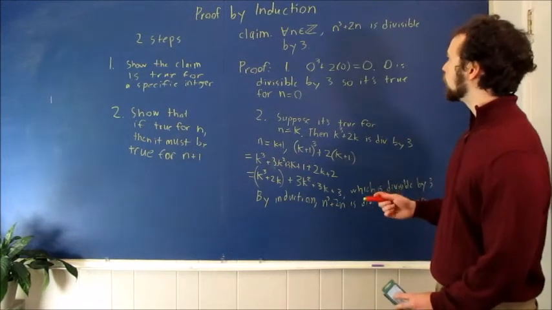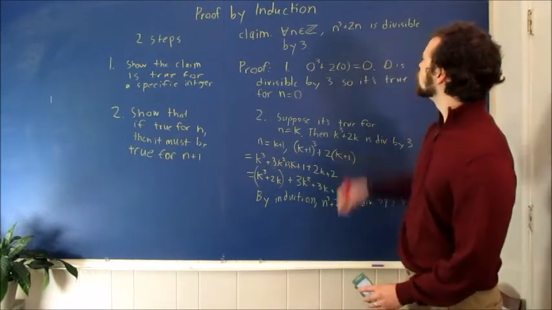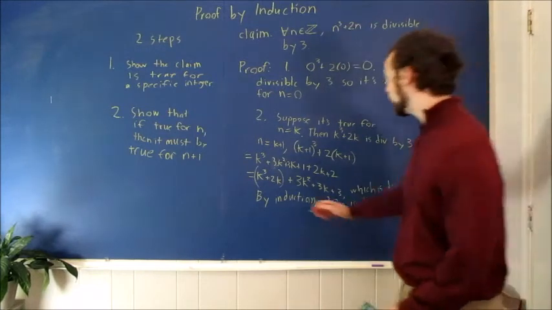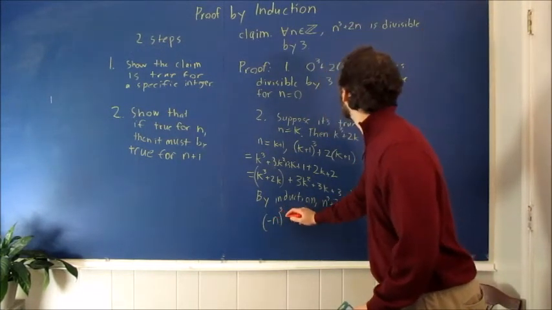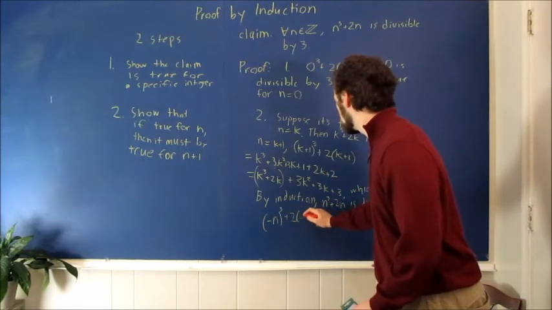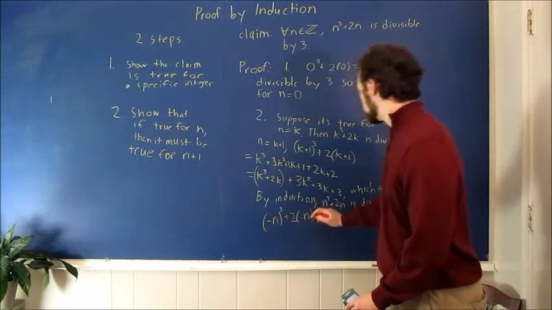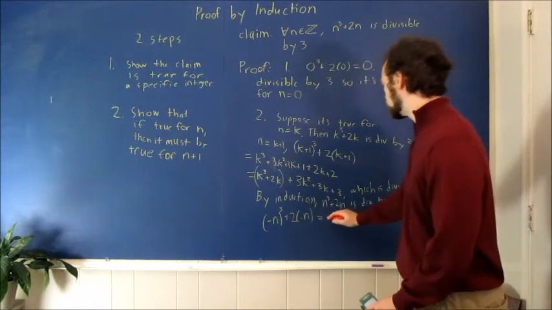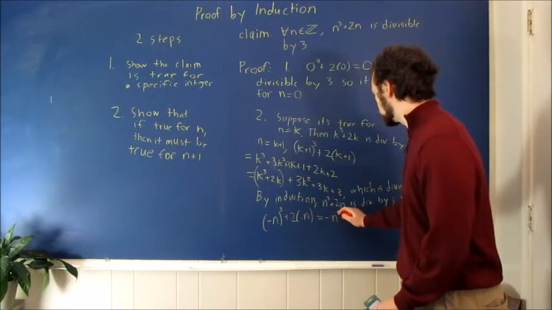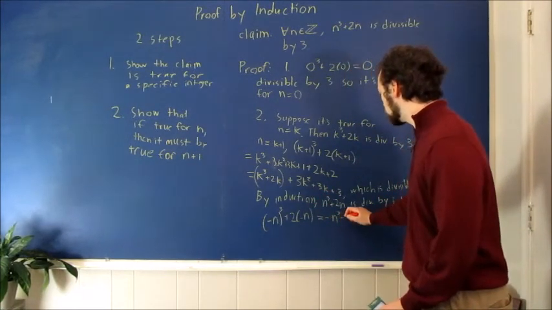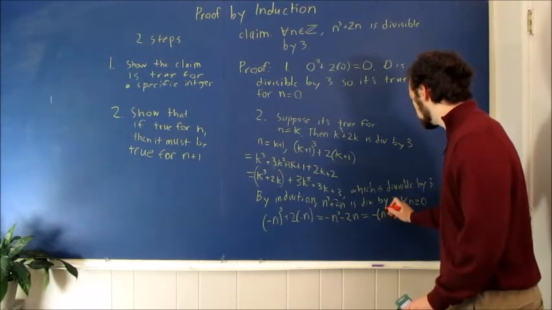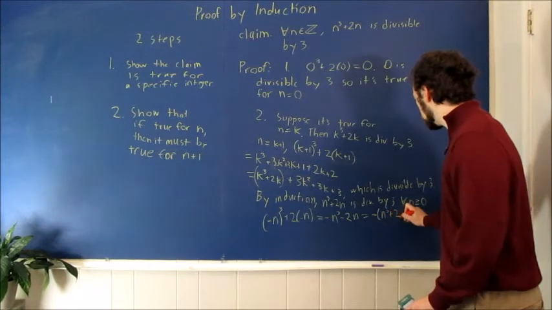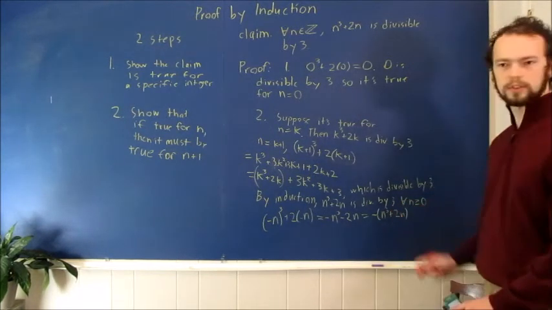If I plug negative n in here, a negative integer, then this algebraically simplifies to negative n cubed minus 2n, or negative n cubed plus 2n.